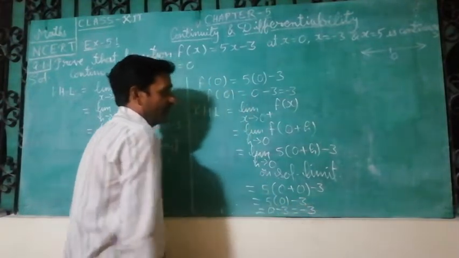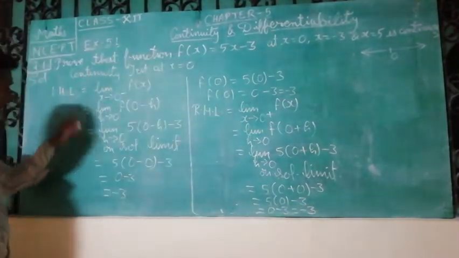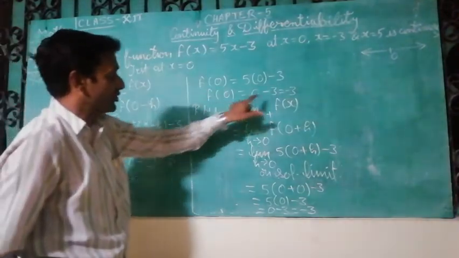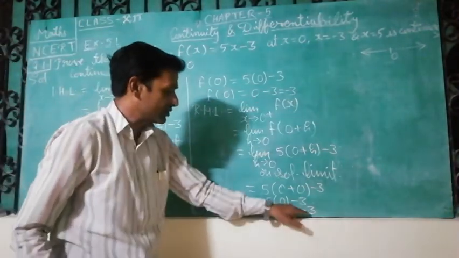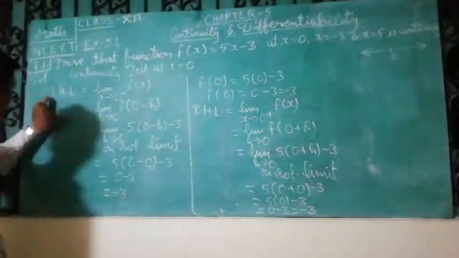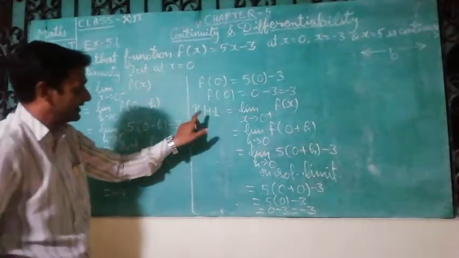So what can we conclude? The left hand limit is equal to minus 3, f(0) is equal to minus 3, and the right hand limit is also equal to minus 3. This is called the left hand limit, this is called the right hand limit.